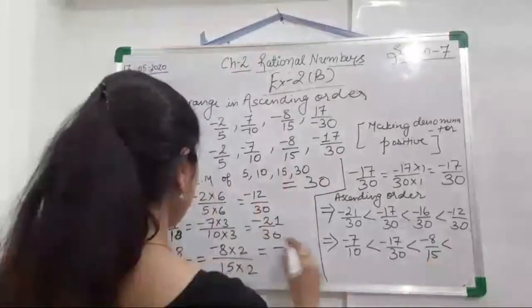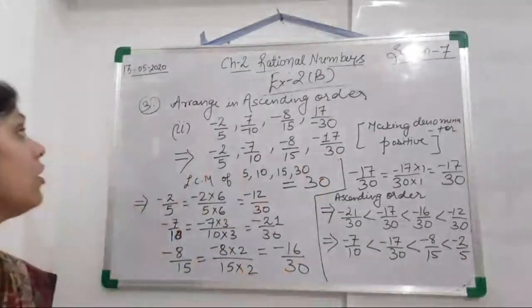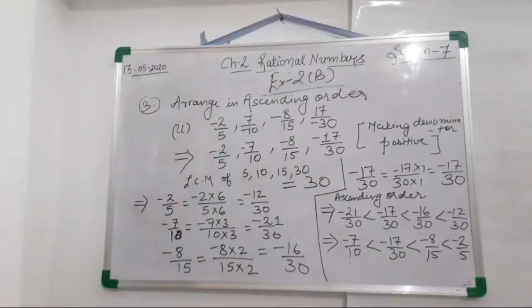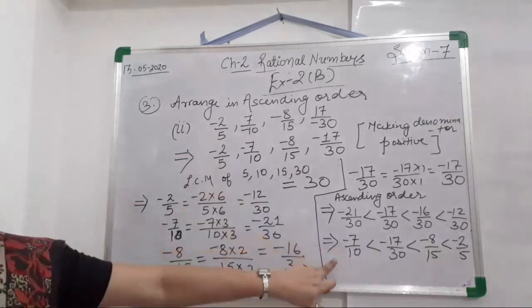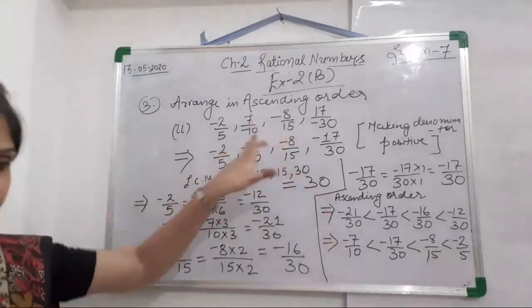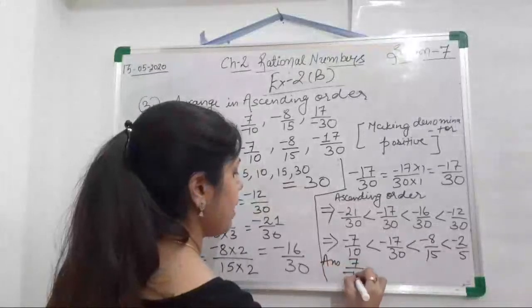And minus 12 upon 30 is minus 2 upon 5. So when you write this answer as in the question, you will see from here that minus 7 upon 10 was not in the question, it was 7 upon minus 10. So your answer will be 7 upon minus 10.